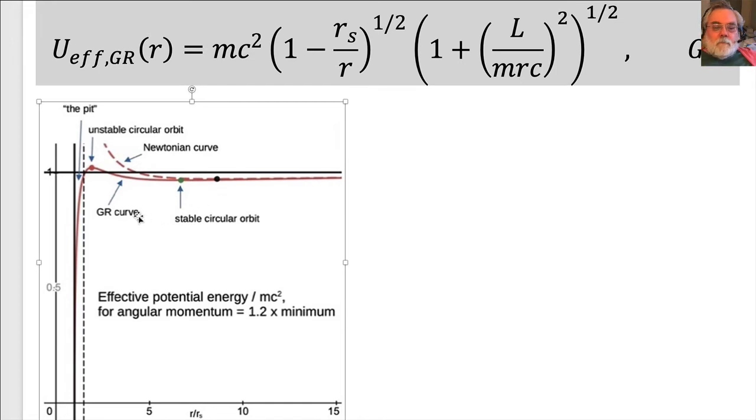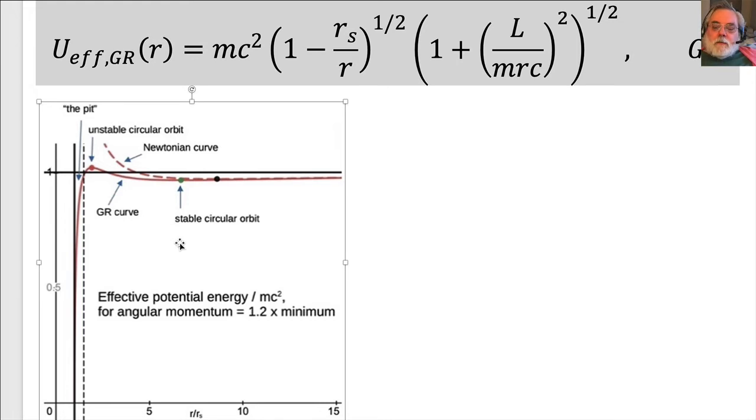The green dot shows the local minimum of the general relativity curve, which is the radius and energy of the stable circular orbit for this angular momentum.